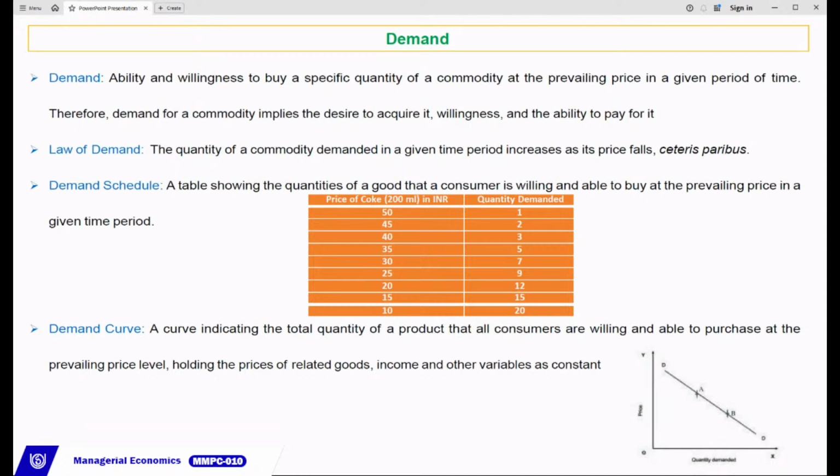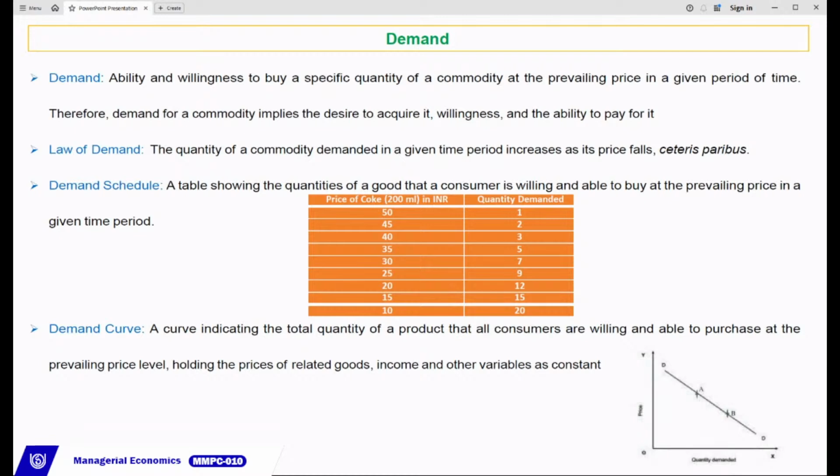As the price goes down, the demand for Coke increases. That's the law of demand, the inverse relationship between the price of a Coke and the demand for a Coke by consumers. That tabular representation is called the demand schedule.